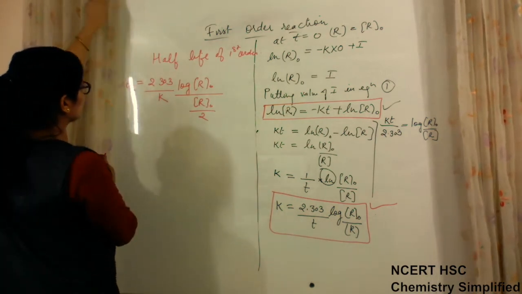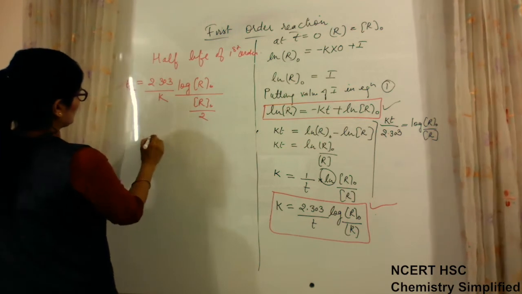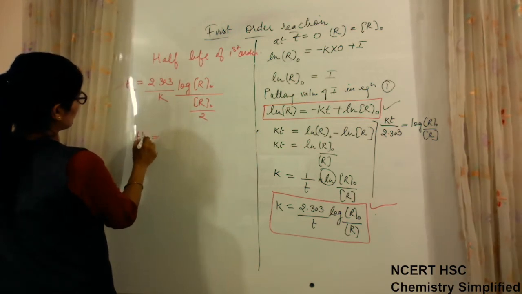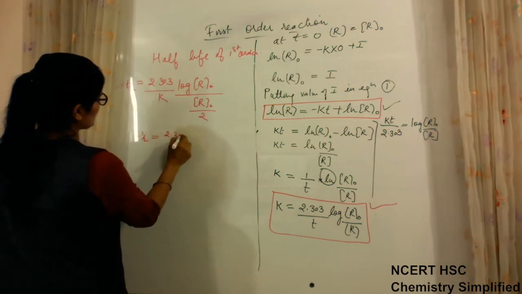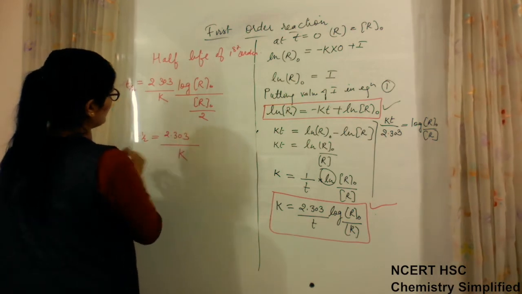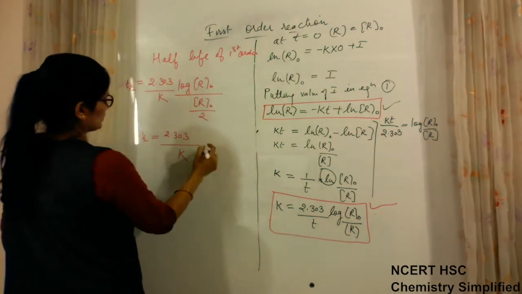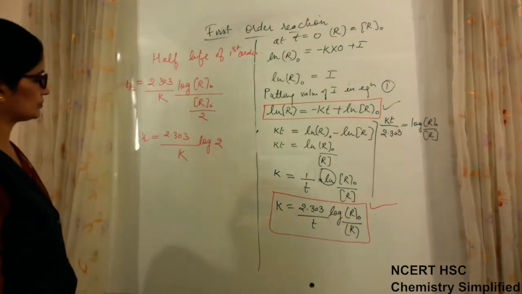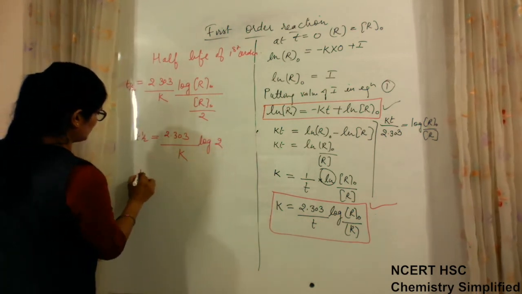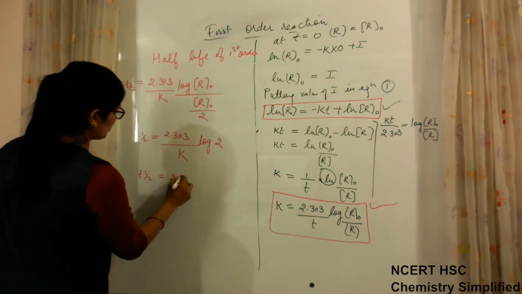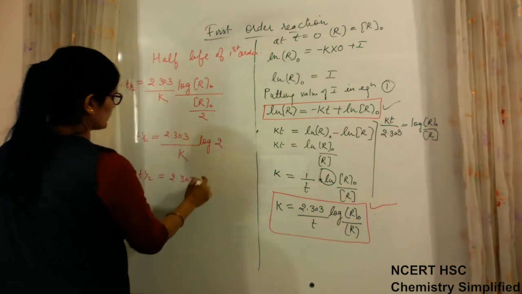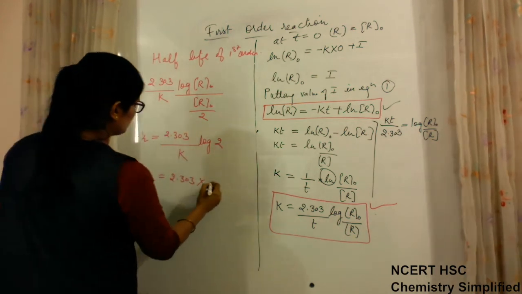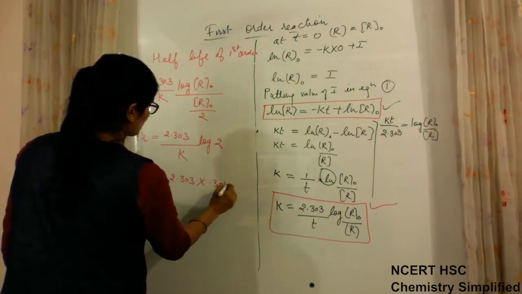Okay, then we will write t half is equal to 2.303 upon k log of 2. t half is equal to 2.303 times log 2, which is actually equal to 0.3010.